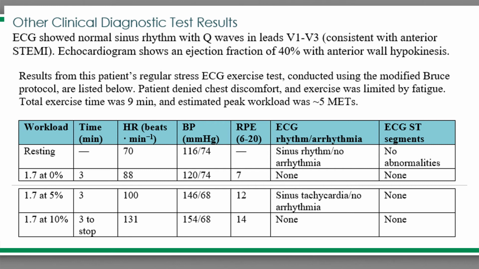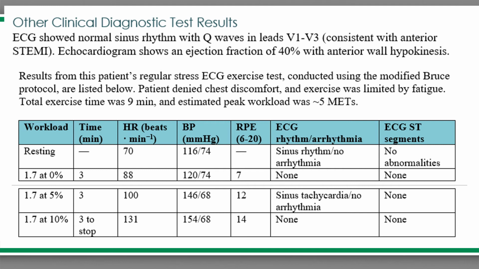I think the normal Bruce starts at 1.7 miles per hour at 10% as a warm-up. Because she's post-MI, it's very common to have a modified Bruce, post her stent I should say, to get a test for exercise programming.